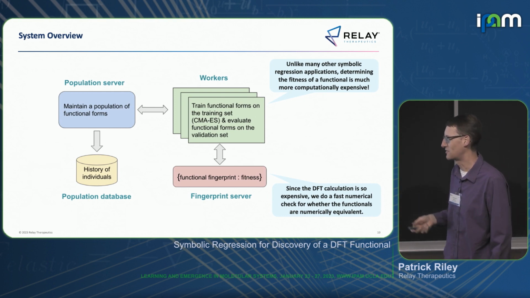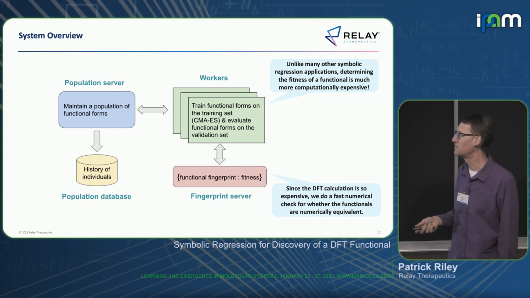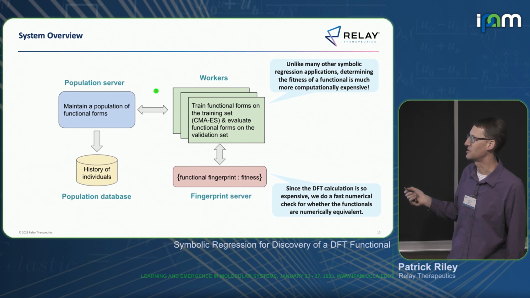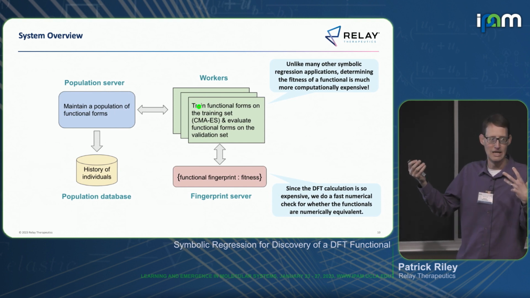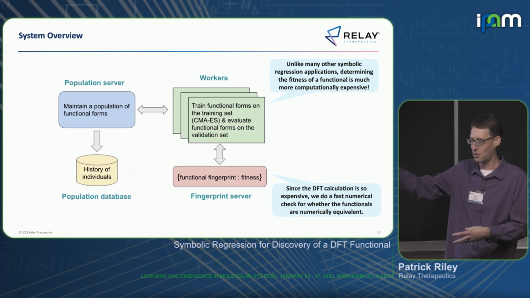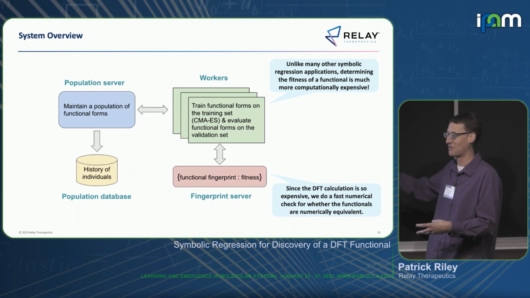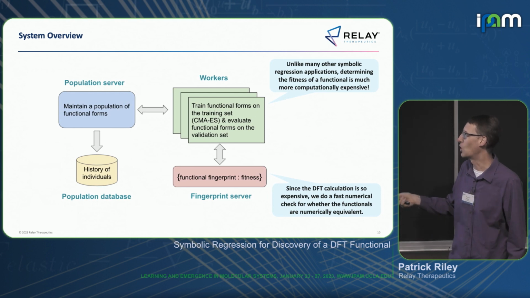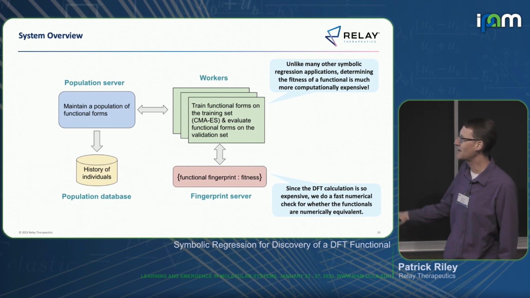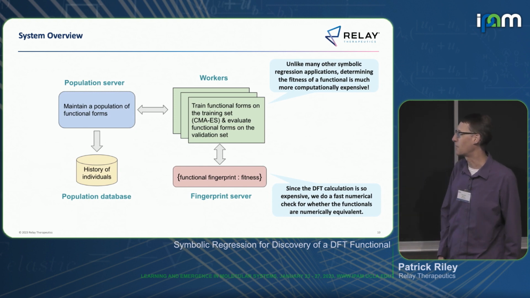And just from a software design point of view, this ends up being very trivially parallelized because you have many different DFT calculations you want to do. And so we end up having this sort of architecture where one part of the system is maintaining the population, creating a bunch of work of doing all these DFT calculations, calculating fitness, going over to all of these workers who are going off and running these DFT calculations, and then go back and update the population.